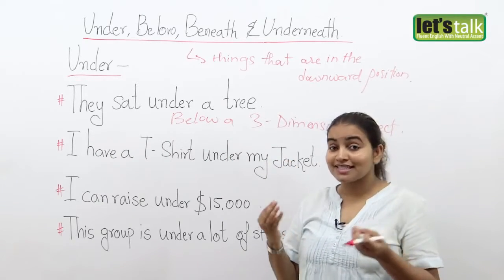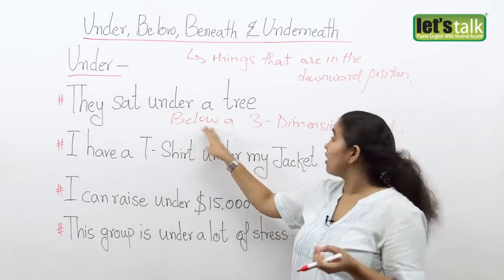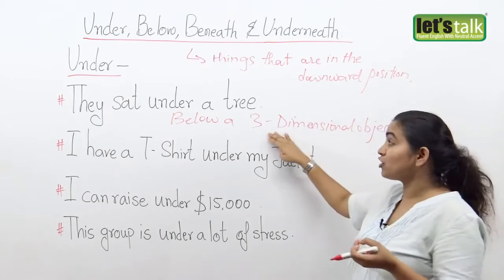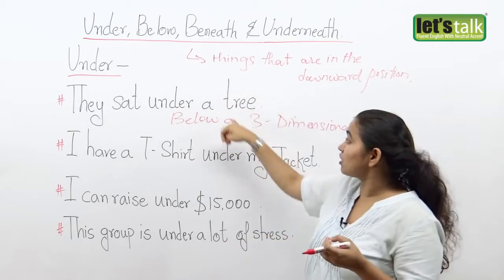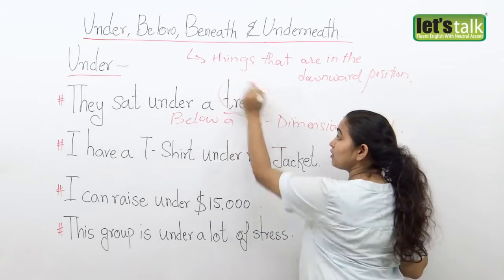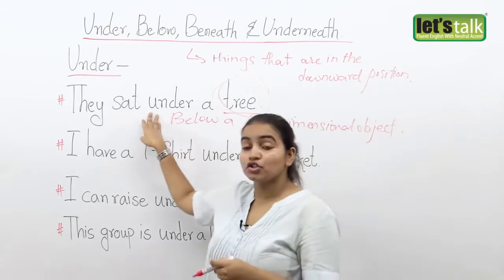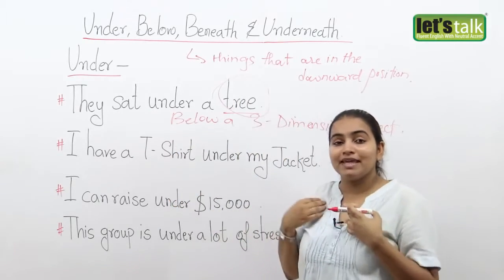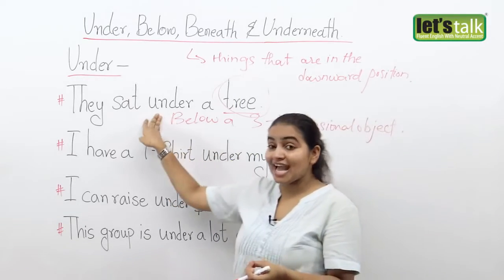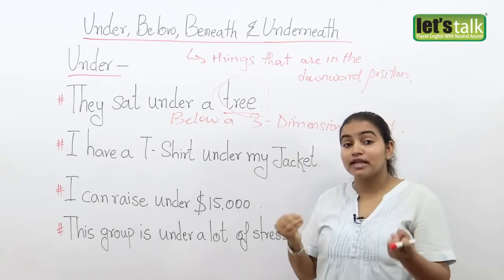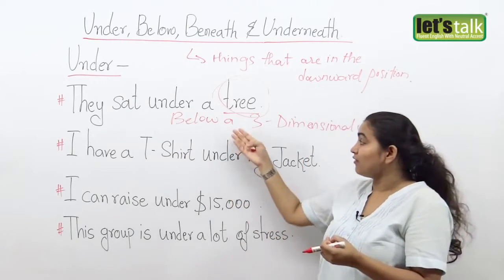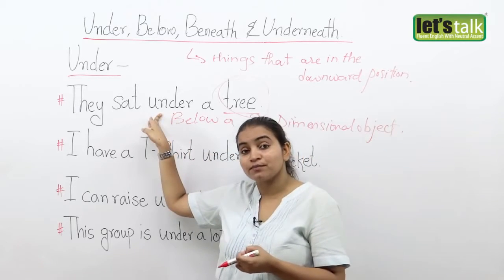Now remember, I said below a three-dimensional object. So anything under a three-dimensional object like a tree, for example, then I use the word under. So if I want to say, me and my friend sat under a tree, which is a three-dimensional object, then I use the word under.